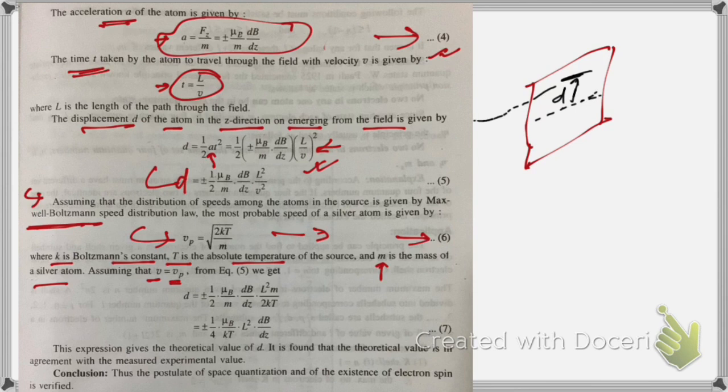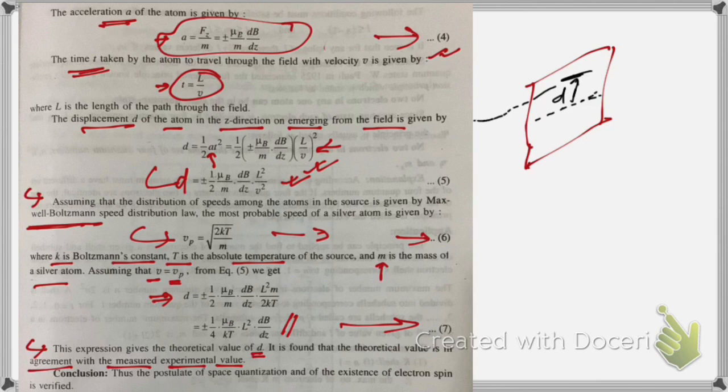So in that case, equation number 5 gives you this equation, and at the end we're going to get this result, that is equation number 7. This expression gives the theoretical value of d, which is found to be in agreement with the measured experimental value, right?